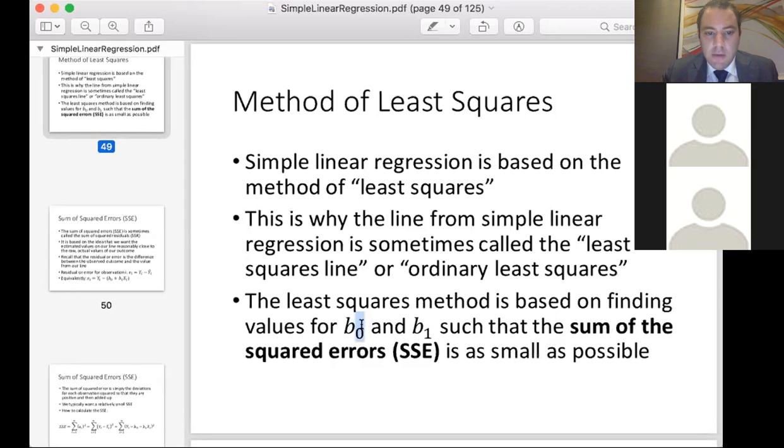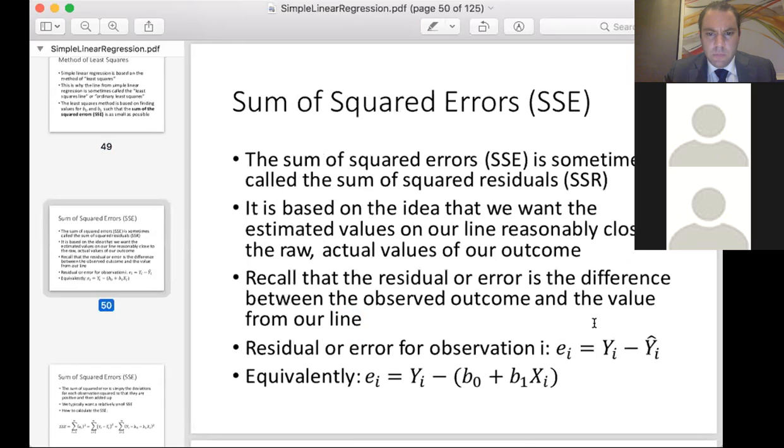So we have values b0 and b1, the intercept and the slope of the line. And we're going to make sure that the sum of all the squared errors is as small as possible. So it's really not an average, it's a sum of the errors. Correct, you're adding them all.